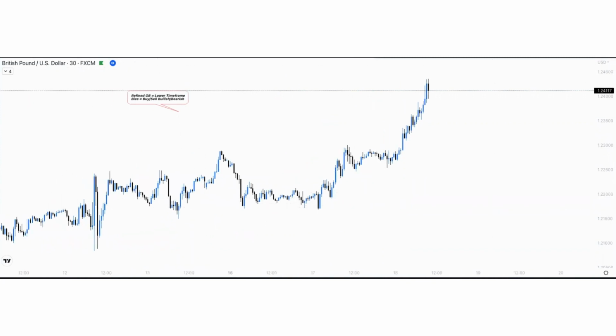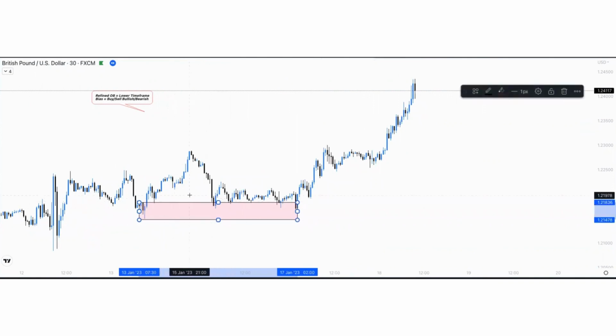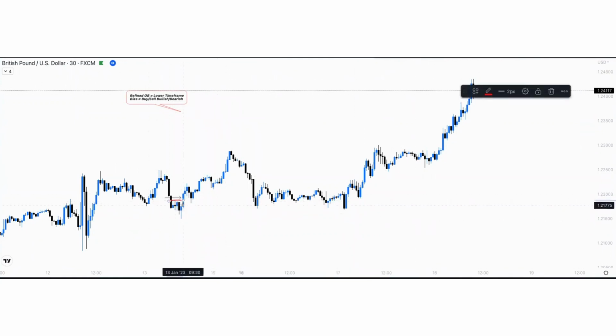When you try to see a demand, for example this one, it is an area where there's a significant move to the upside. This area has this move because this mini structure here has been broken.